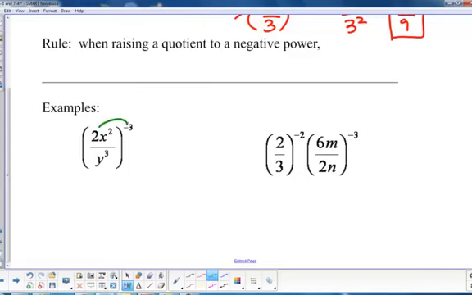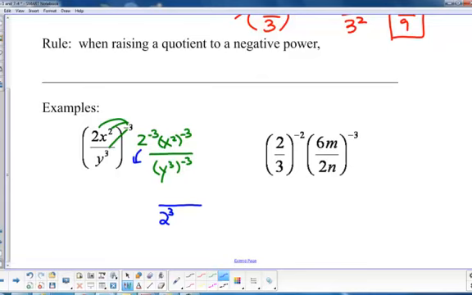All right. Bam to everything. So 2 to the negative 3, x squared to the negative 3, and y to the 3 to the negative 3. So 2 to the negative 3, we would move to the denominator and make it 2 to the positive 3.